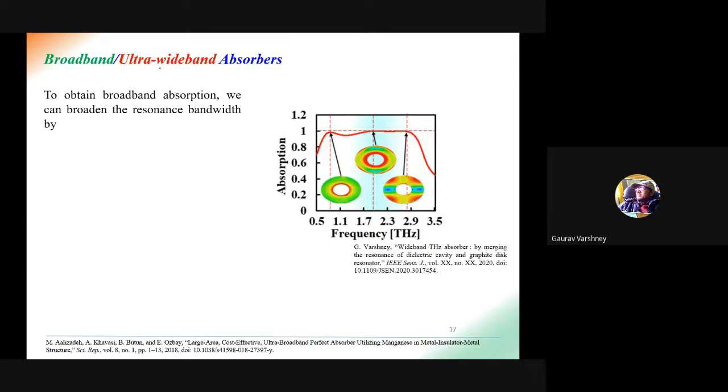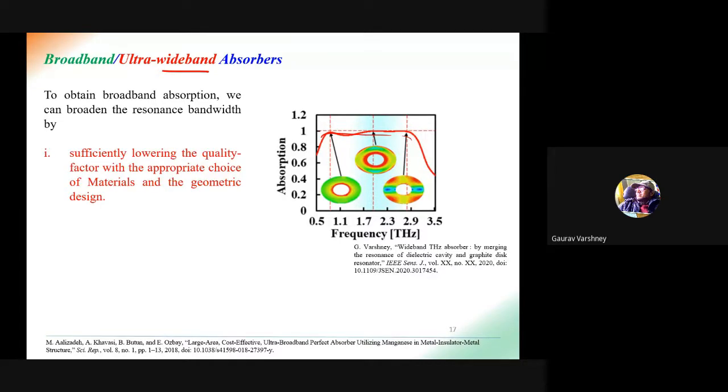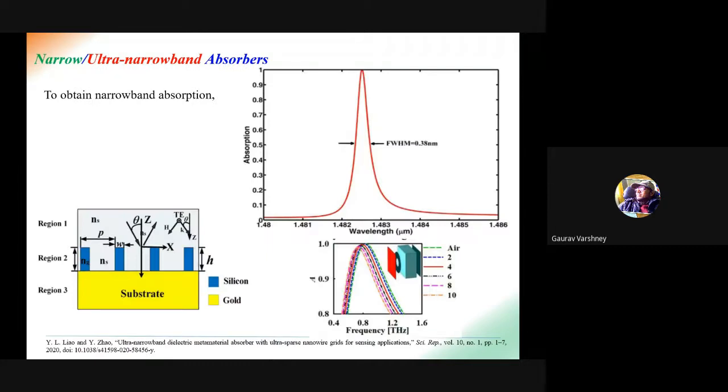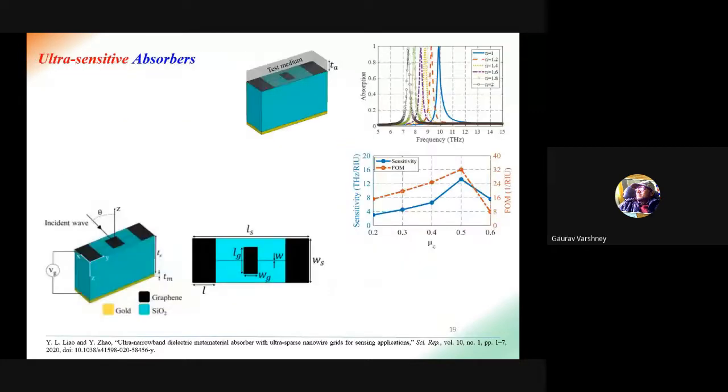So broadband spectrum, you understood. We need to develop such systems which have broadband approaches. You have already understood how to reduce the FWHM, how to find ultra narrow absorbers, so that we can utilize them in ultra sensitive sensors, and how to develop structures which are ultra sensitive.